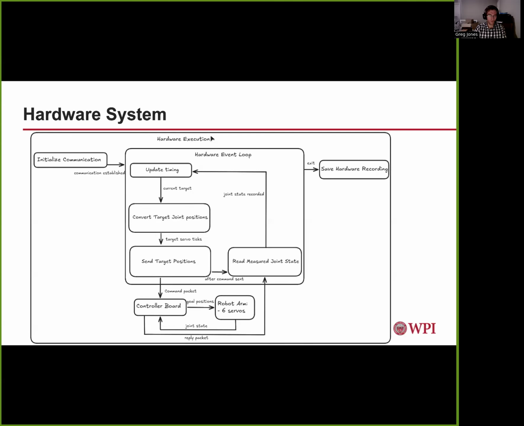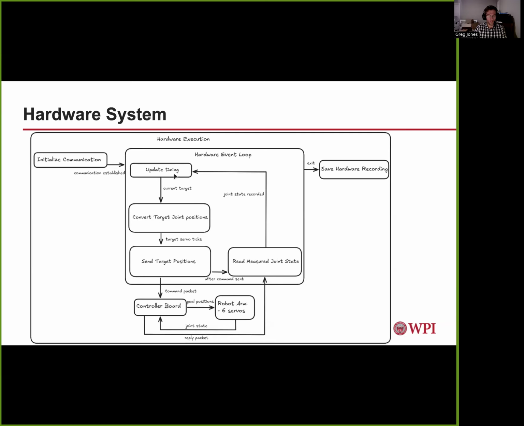And in terms of the hardware system, Nathan actually did more of this, but I was still quite involved, so I'll still speak about it somewhat. The main inputs were the sampled trajectory, which was then followed over time using the software, and the main output was a command packet over serial communication to the controller board, which then communicated with the servos.